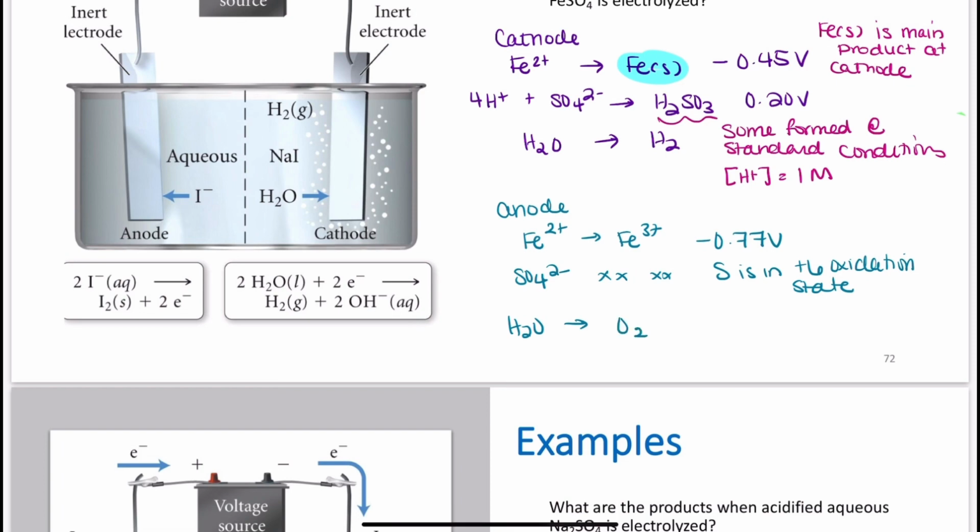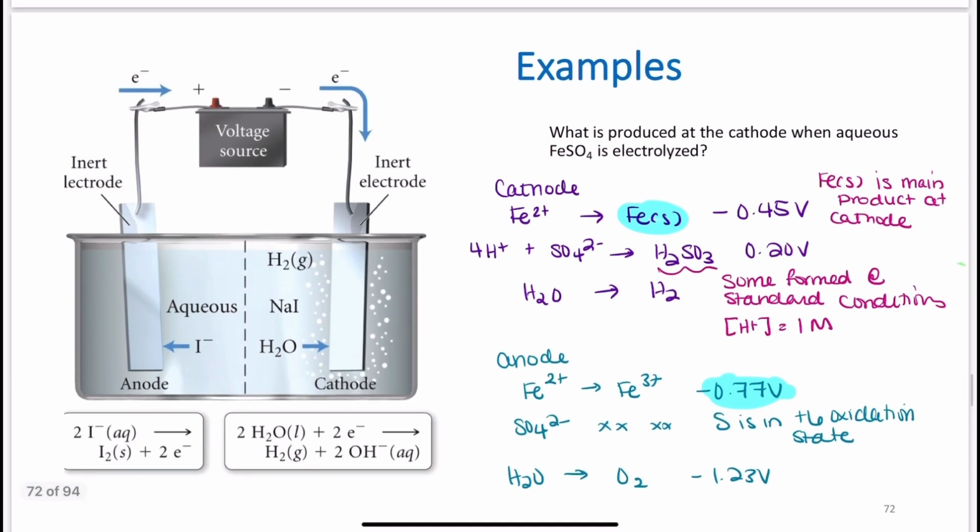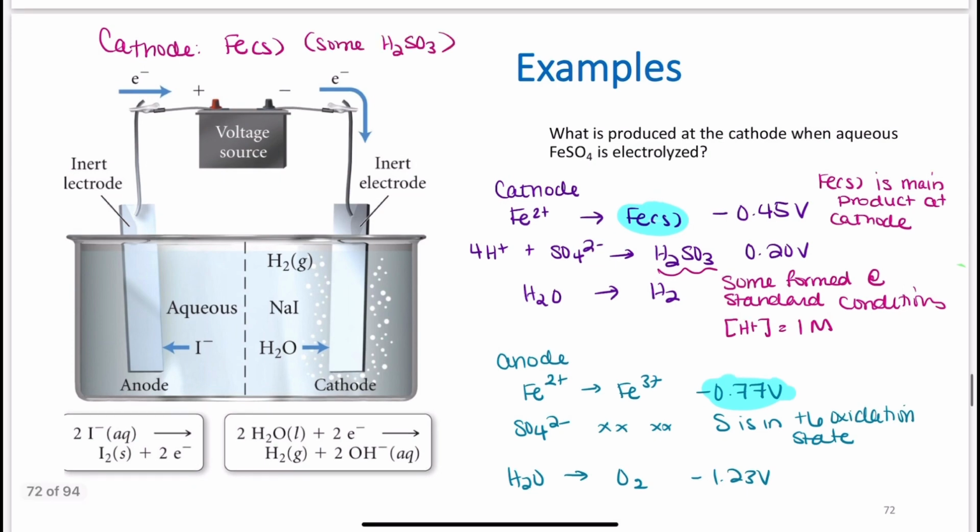H2O could form some oxygen, negative 1.23 volts, but this is going to be preferred. So at your cathode, you're going to be forming Fe solid with some H2SO3 being generated. At your anode, you're actually going to be forming Fe3+.